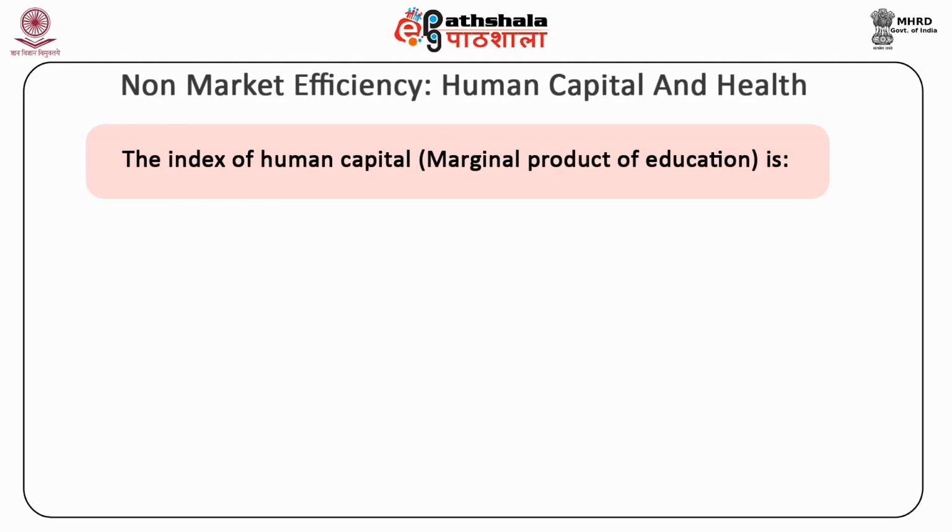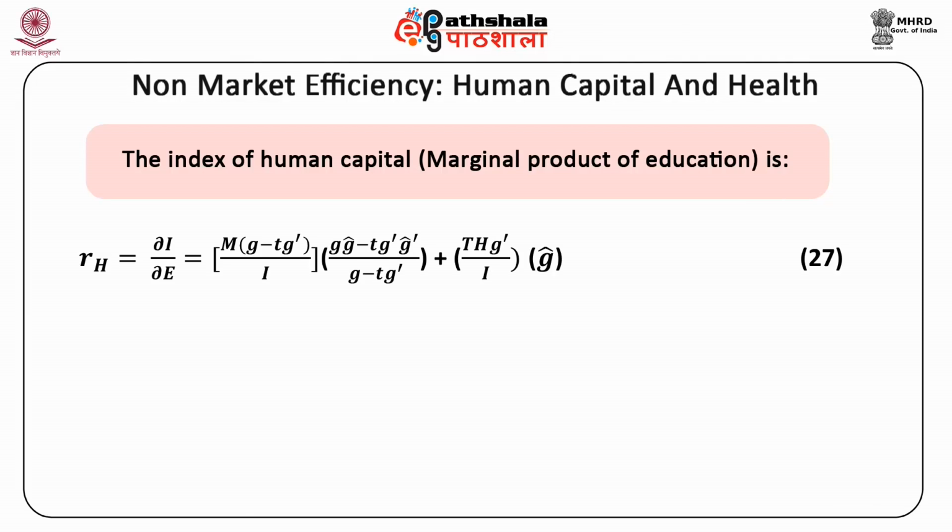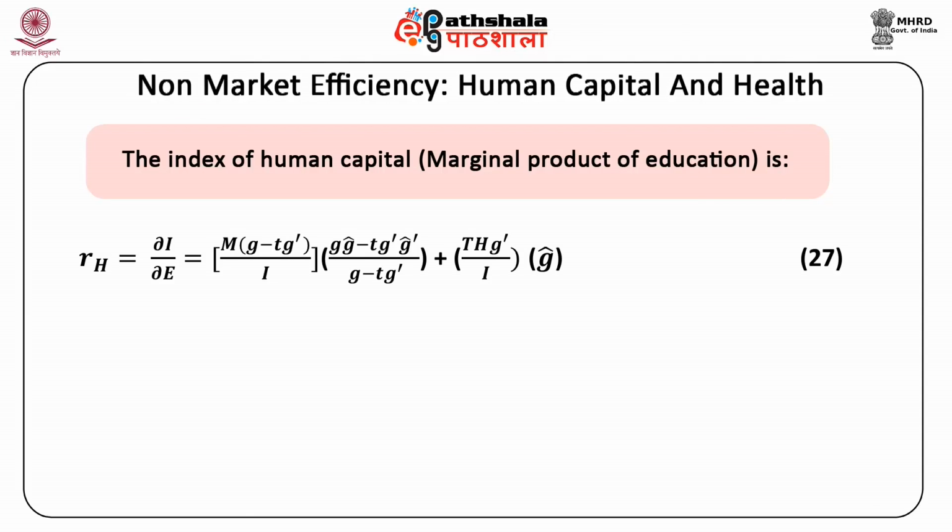The index of human capital, the marginal product of education, RH is equal to delta I upon delta E is equal to (mg minus t g dash upon I into g hat minus t g dash into g dash hat) upon (g minus t g dash plus th into g dash upon I into g hat).